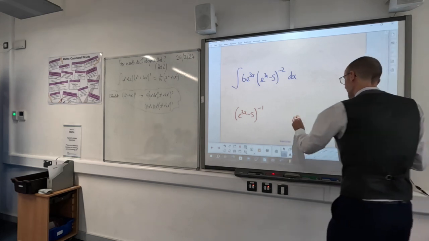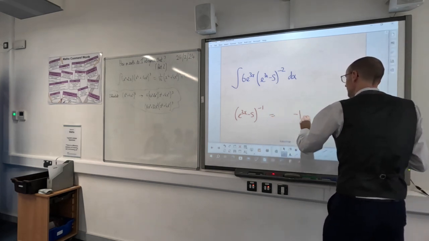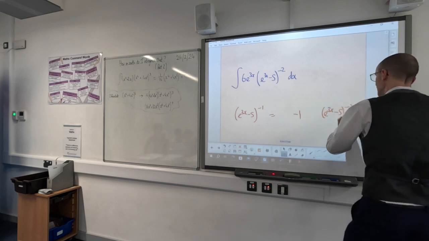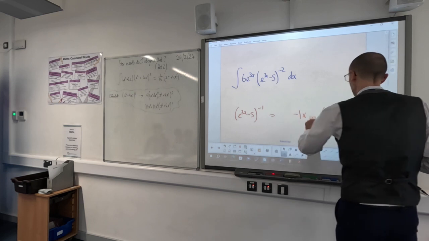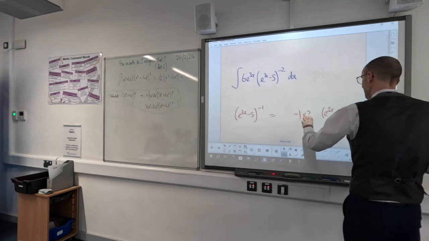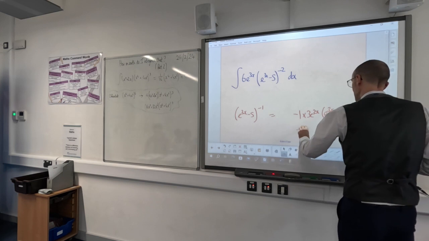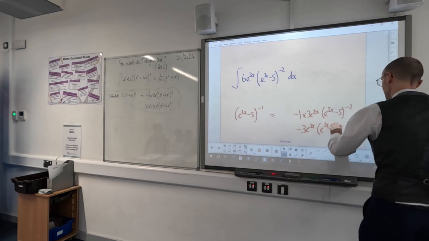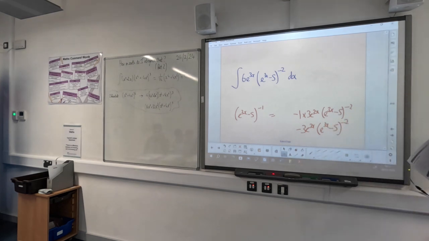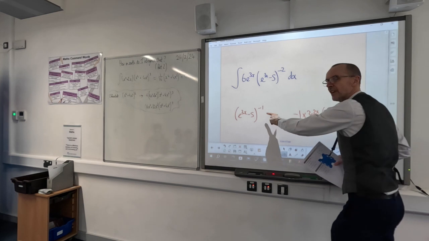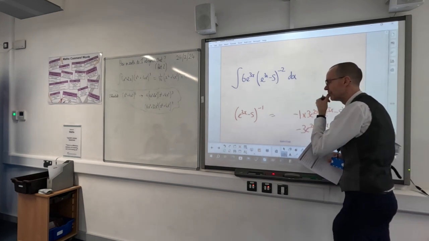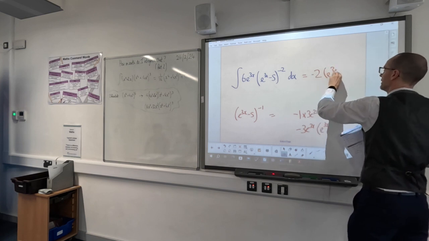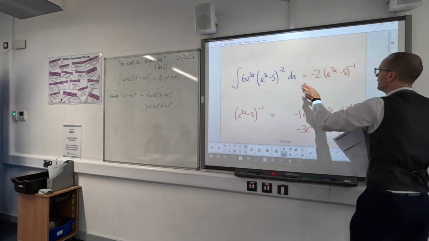So multiply by the power, reduce the power by 1, multiply by what you get when you differentiate the bracket, which is 3e to the 3x. So that gives you minus 3e to the 3x. So it's minus 2 times that, which you could write as minus 2 over.